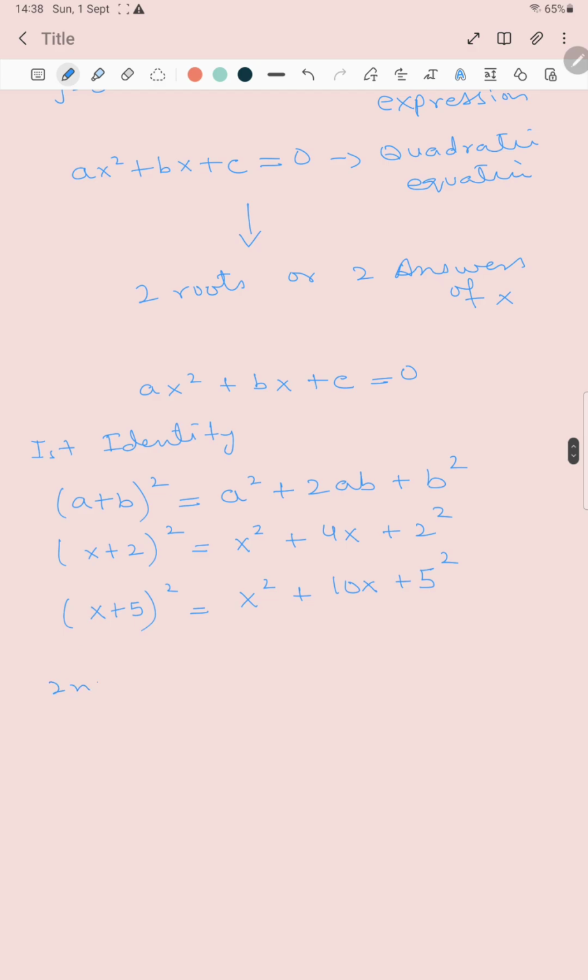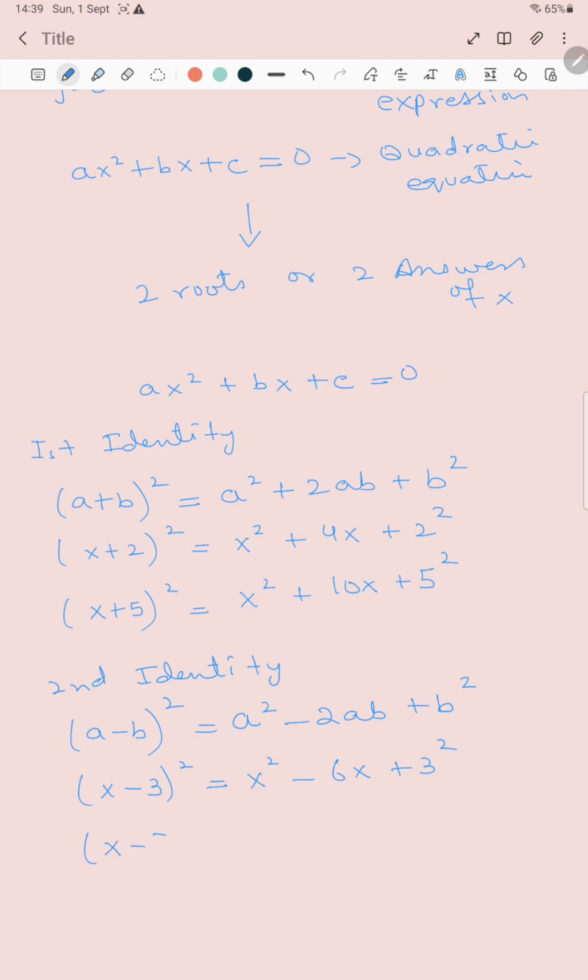And like that, the second identity is a minus b whole square is equal to a square minus 2ab plus b square. An example is x minus 3 whole square, which is x square minus 6x plus 3 square. For another number, I am taking 7: it will be x square minus 14x plus 7 square.